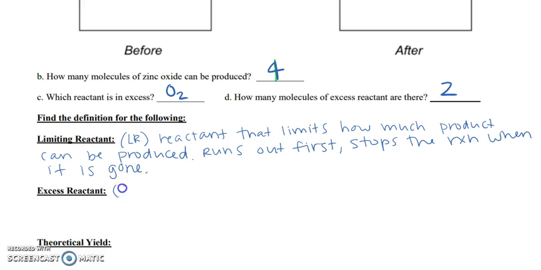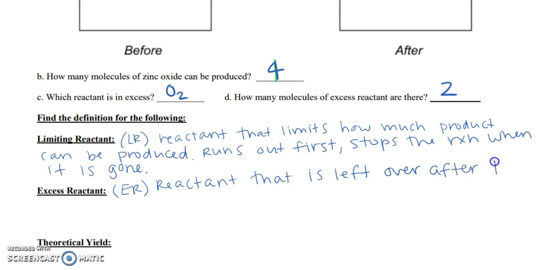The excess reactant, which you'll probably see abbreviated as ER quite frequently, is the reactant that's left over after the reaction stops and the limiting reactant is gone.